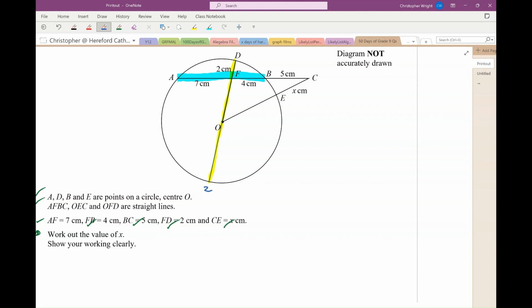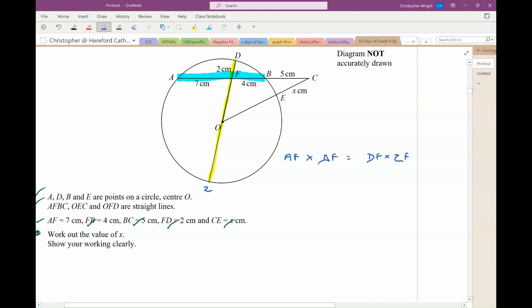So I'm going to have AB and DZ, and I've got F multiplied by F, so there's the intersecting chord theorem formula set up.